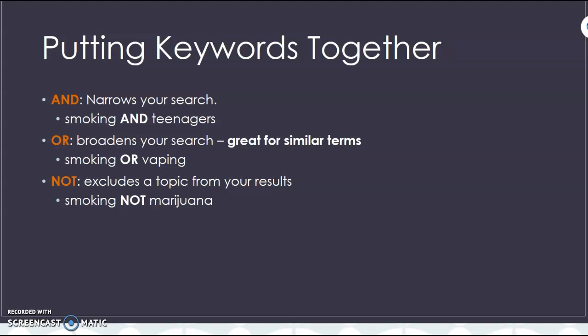I wouldn't want to look for smoking or teenagers, for example, because that's not going to give you the information that you want. So if you're visualizing your column, only use or for those similar phrases. So teenagers or young adults or children or students or adolescents or juveniles.